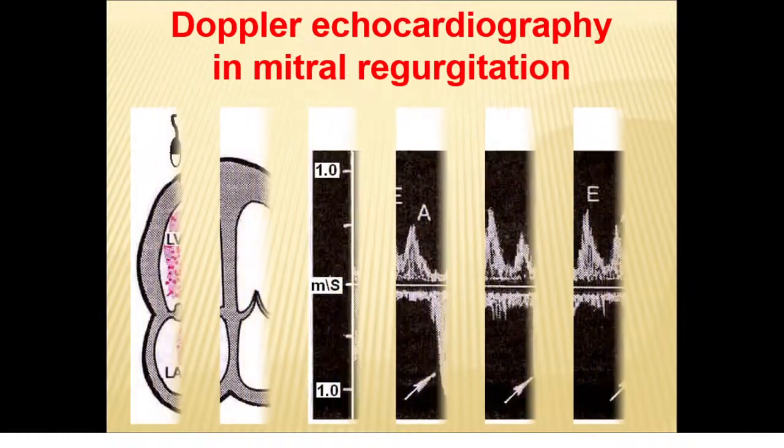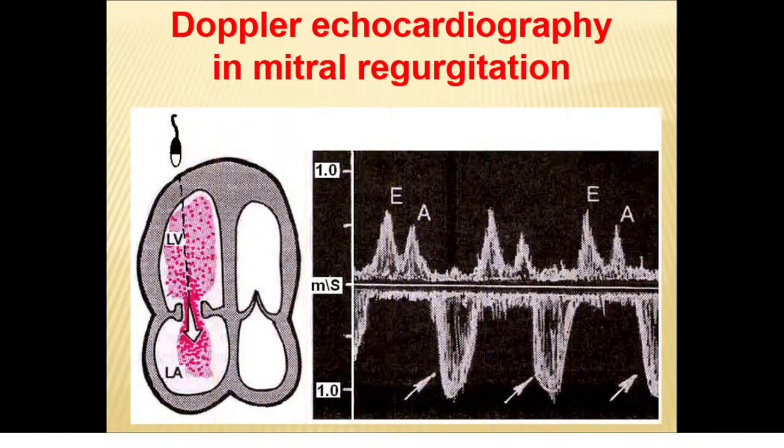Let's compare Doppler echocardiography of a patient with mitral regurgitation, a heart defect characterized by incomplete closure of the mitral valve during the systolic period, because during the systolic period blood can go only into the aorta and pulmonary trunk.